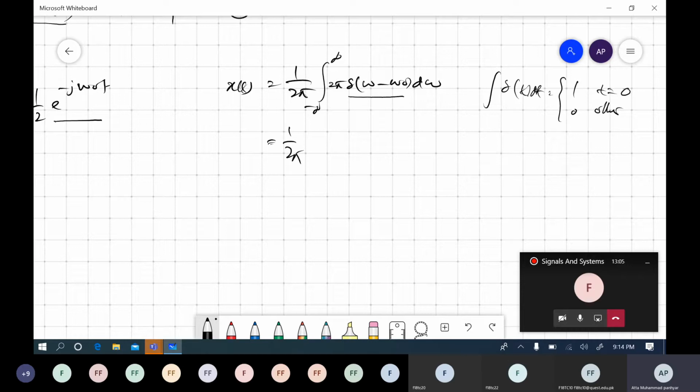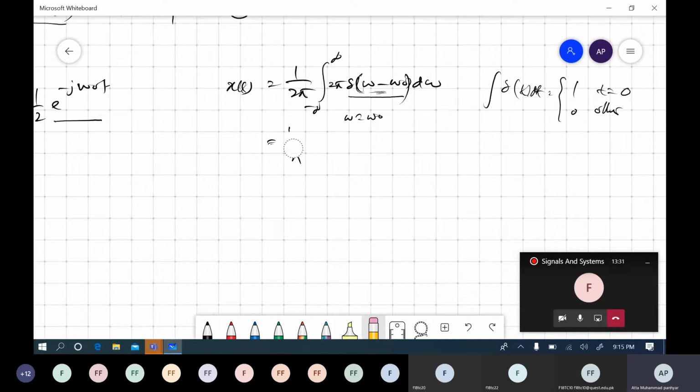So look at here now. We said delta omega minus omega naught must have area 1 when the term within the parenthesis is 0, which happens when omega is equal to omega naught, right?